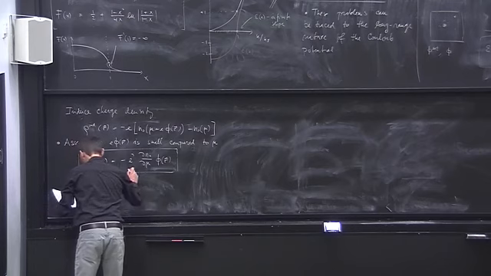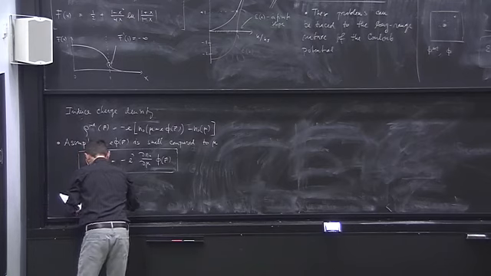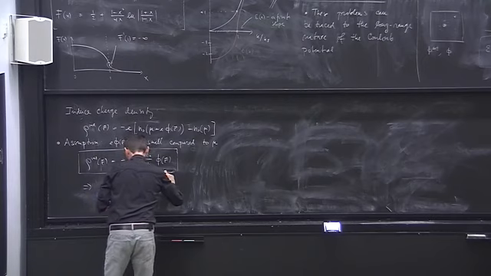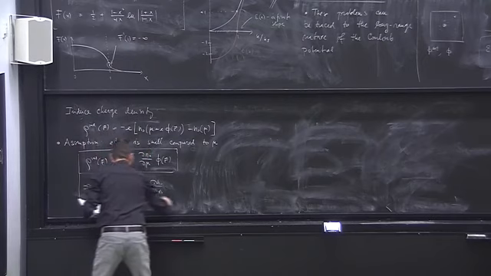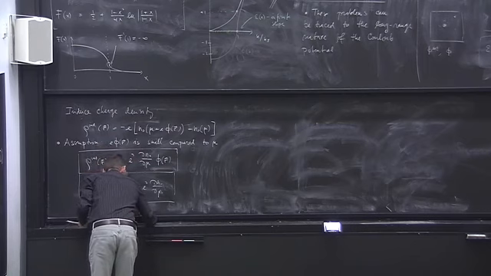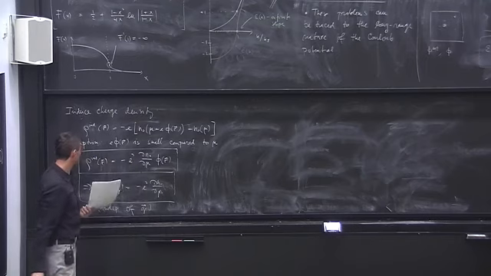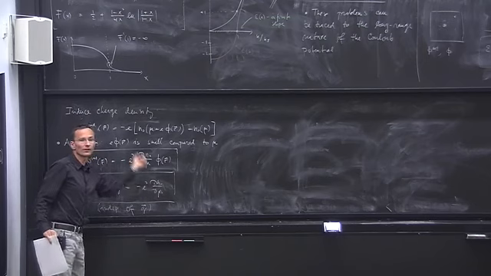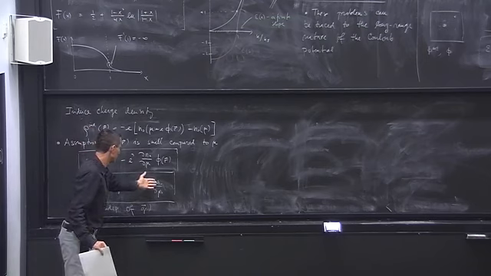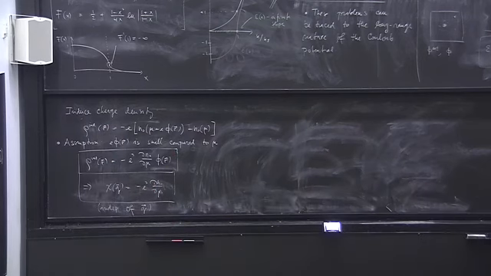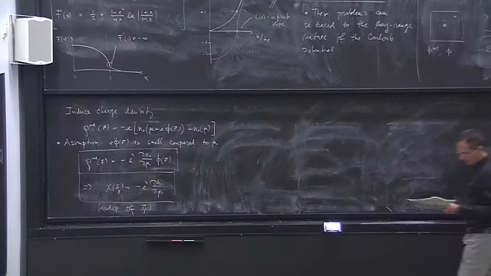So from here, I can identify chi of q as minus e squared dn naught over d mu, and this is independent of q. So in the simplest approximation, we find that susceptibility is just a number given by the first derivative of the electron density of a uniform system with respect to the chemical potential, and it's momentum independent.